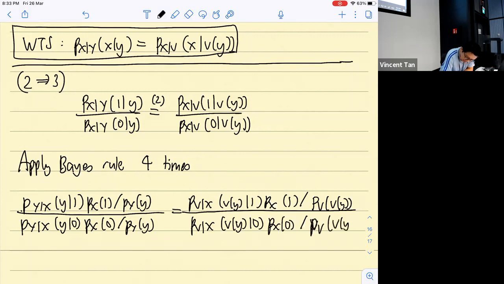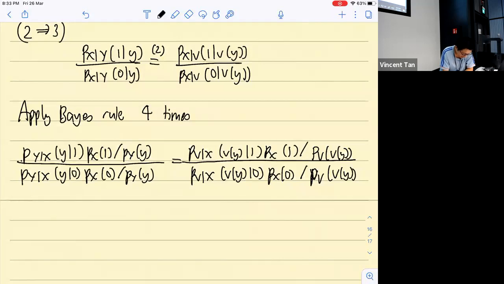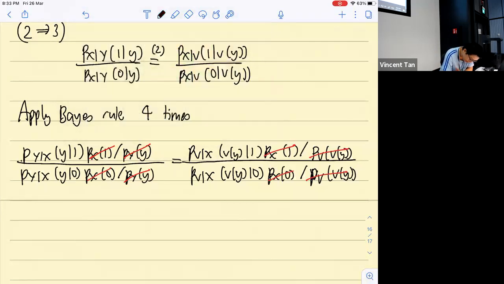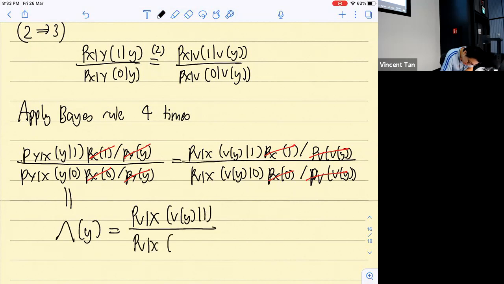So what have we done here? We have written out a lot of things, but we have managed to cancel a lot as well. This cancels this, this cancels over here, this cancels this, and this cancels this. And so what can we see here? Finally, this guy here is equal to our lambda y. And on this side, we have p of v given x, vy given 1 over p of v given x, vy given 0.